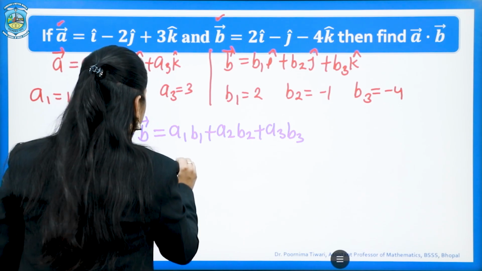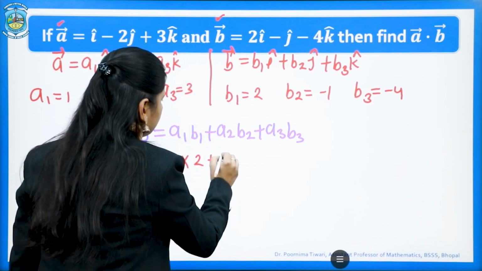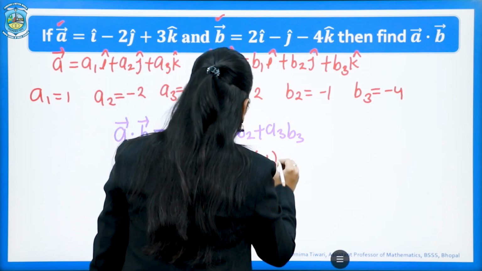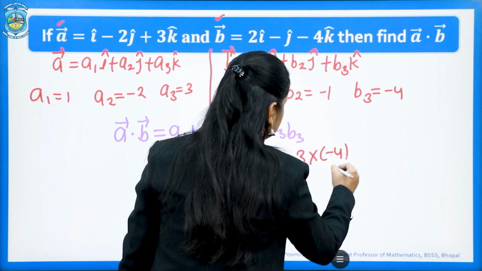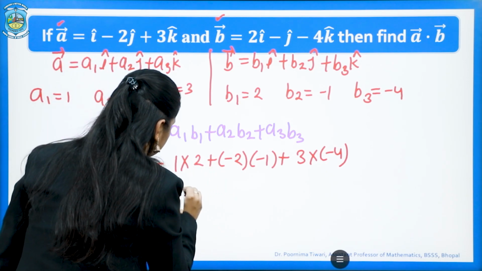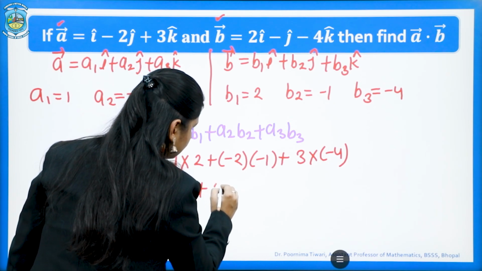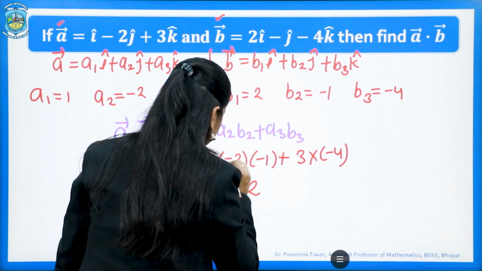So, A1 is 1, B1 is 2 plus A2 is minus 2, B2 is minus 1 plus A3 is 3, B3 is minus 4. So, on solving we will get 2, this minus minus plus 2 and this minus plus minus 12.